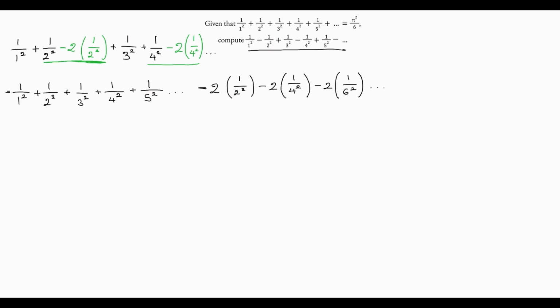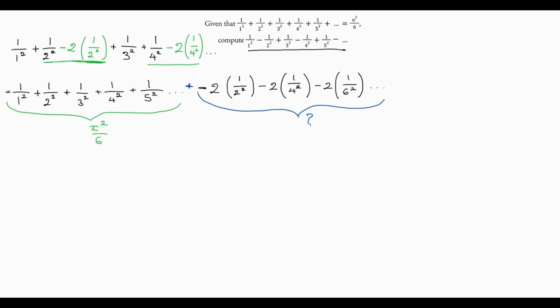The first part of our expression should look familiar. We know from our first equation that this is equal to pi squared over 6. So all we need to do is find the value of this expression and add the two values together.